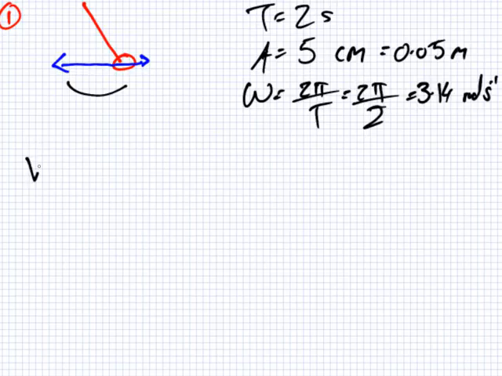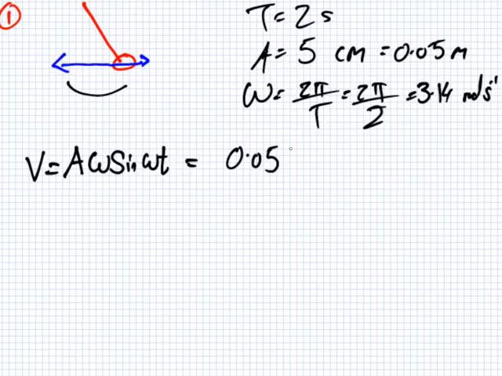So the velocity, now let me get this right, it's starting at its furthest point, so the velocity formula is A omega sine omega t, and here the t is 5 seconds, so 0.05 times 3.14 times sine of 3.14 times 5. When do we have to use sine and cos?